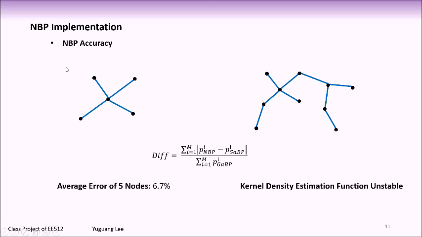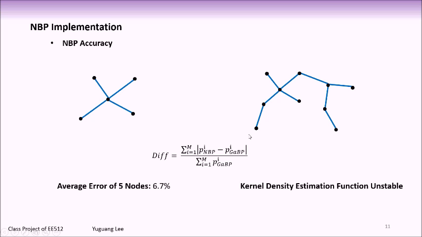In terms of accuracy, my MBP method gave an average error on this graph of 6.7%, which is quite close to the exact result.